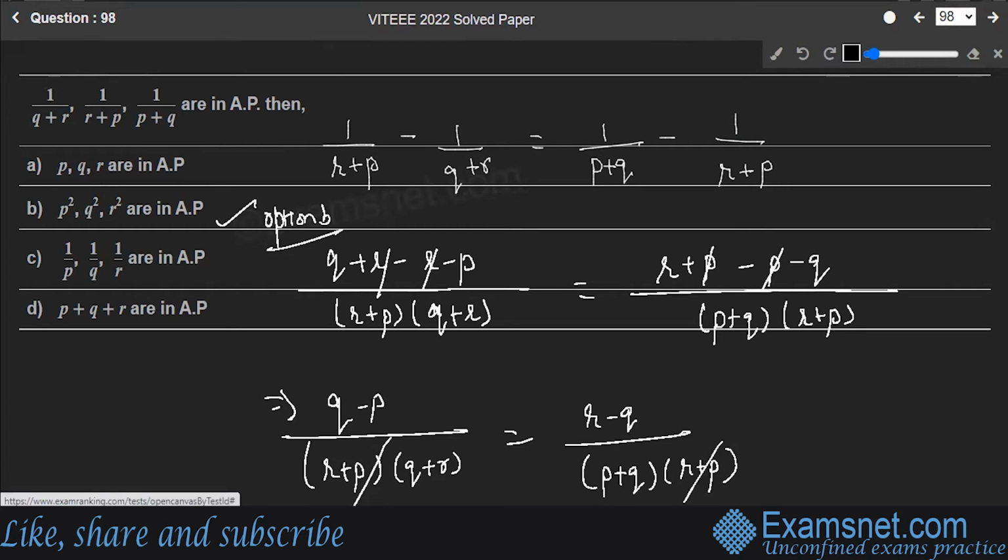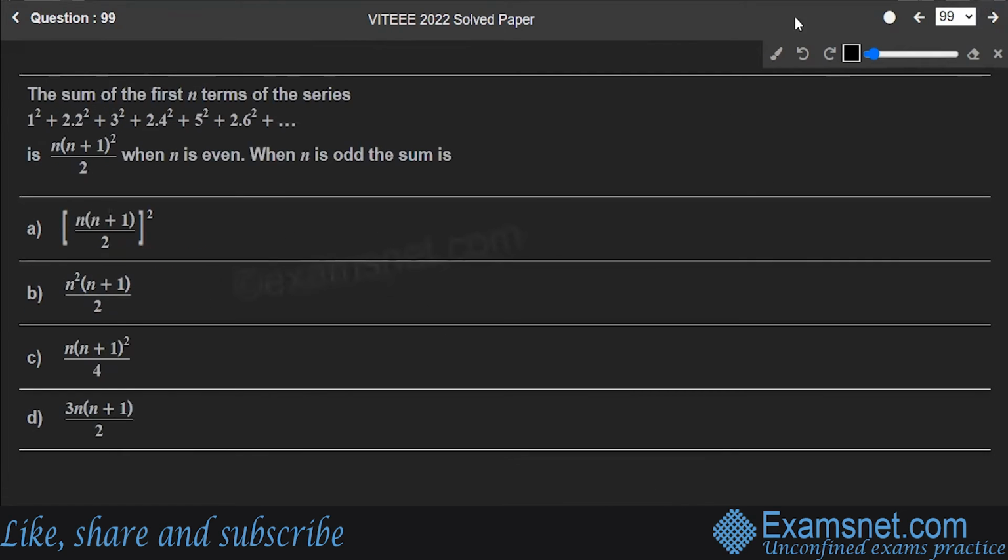Next, 99th question. The sum of the first 10 terms of this series is given by this when n is even. When n is odd, what is the sum? See, when n is odd, the required sum will be 2 into 2 square plus 3 square plus 2 into 4 square, so on to (n minus 1) square plus n square.